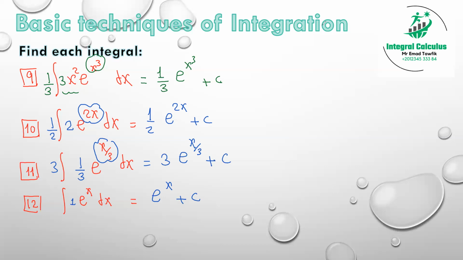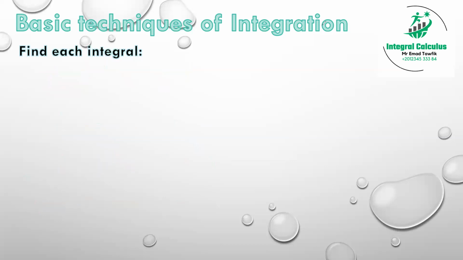And if I'm going to go to another point, like question number 13, if I ask you here to integrate x squared minus 5 all to the power 7, multiplied by x dx.